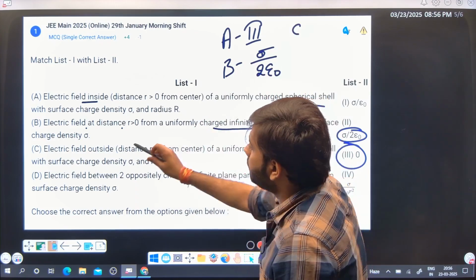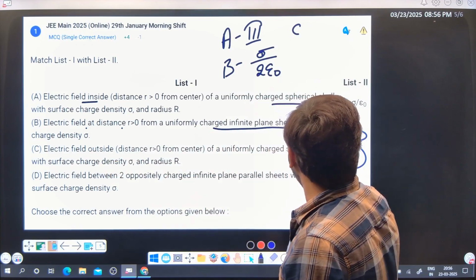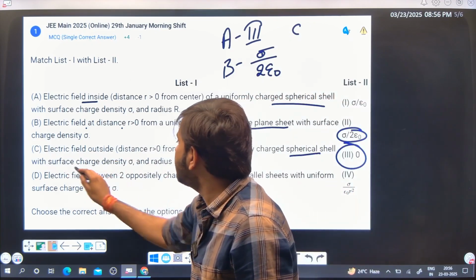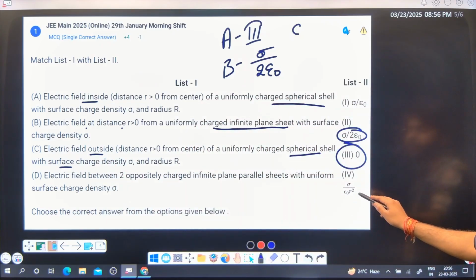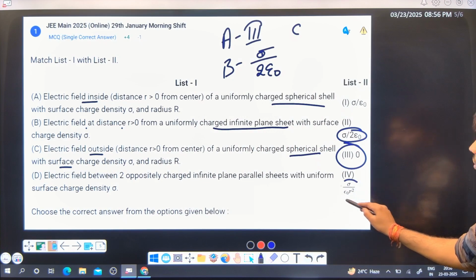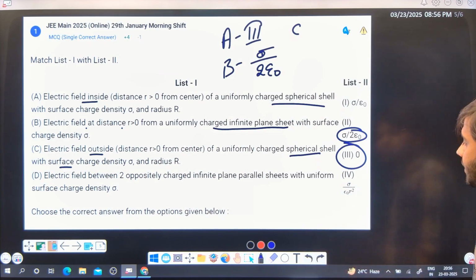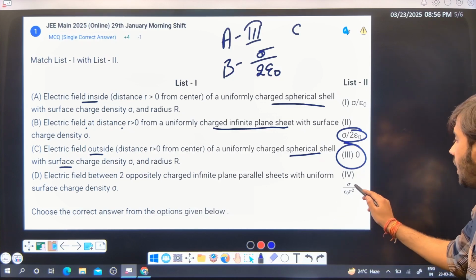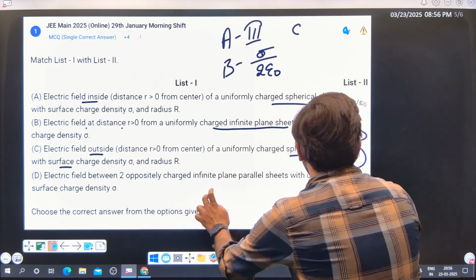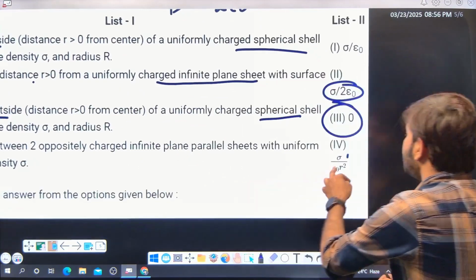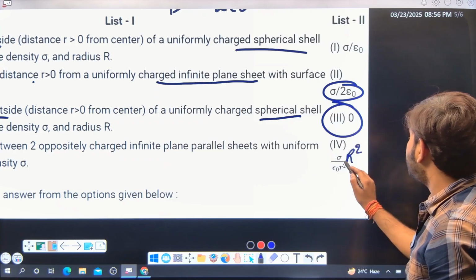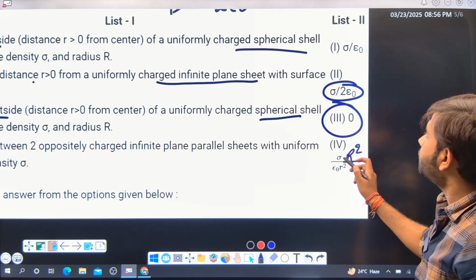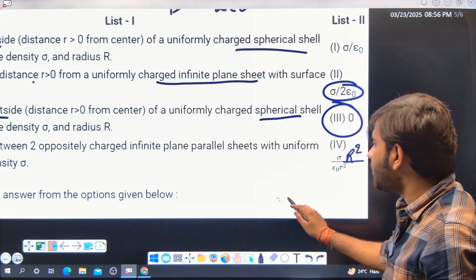For C, uniformly charged spherical shell, now outside. So outside it should be like sigma by epsilon naught r square. Here it is dimensionally wrong, they have given a wrong question. I am just pointing out that the formula is left with r square also, so this option is correct.